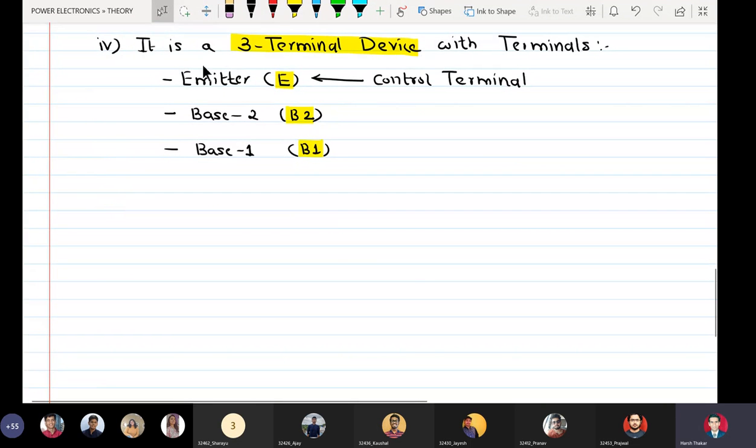Okay, now we come to this point about how the emitter terminal voltage VE decides the state of the UJT.